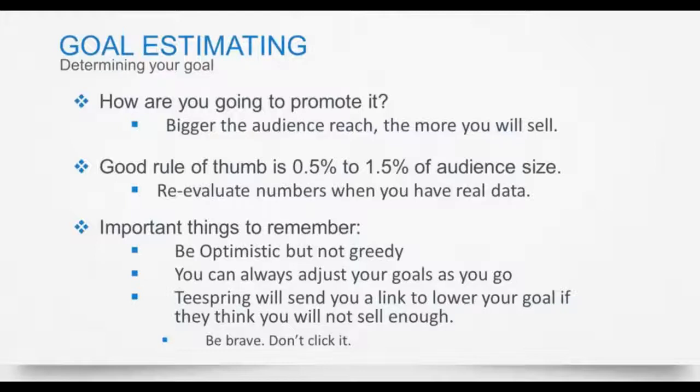The other cool thing is as your sales increase, let's say your goal is 50. They sent you an email when you had sold 10 shirts saying, hey, we can lower your goal to 10 because we don't think it's going to make it. And you don't click it. And then over the next 3 days, you sell 20 more shirts for a total of 30, but you're still 20 away from your goal. They'll send you another email saying, hey, we still don't think you're going to make it, but we can lower your goal to 30.